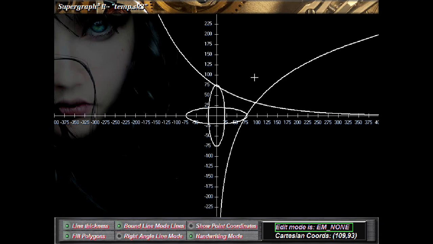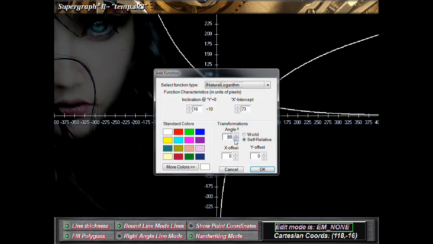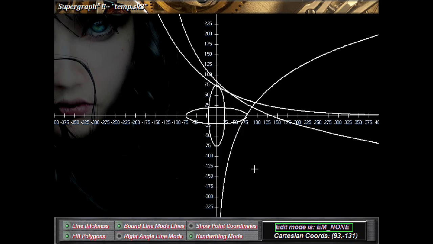And rotate this way. Or give it less and less rotation. I'm just curious. When I reduce this, what do I get? It's going that way.